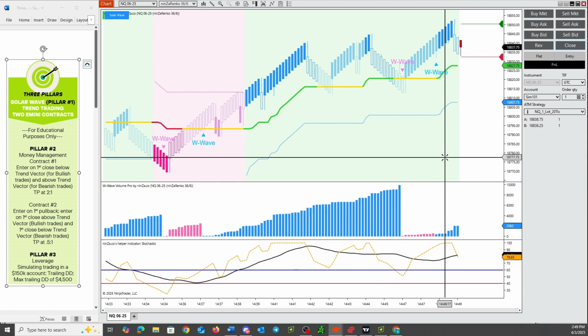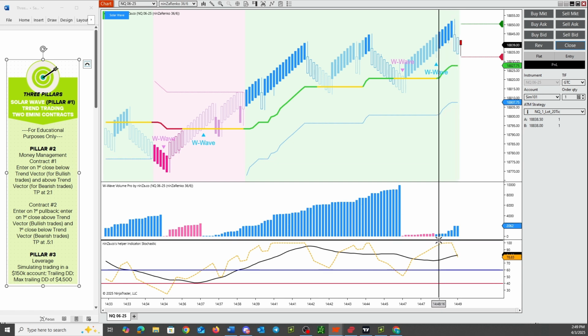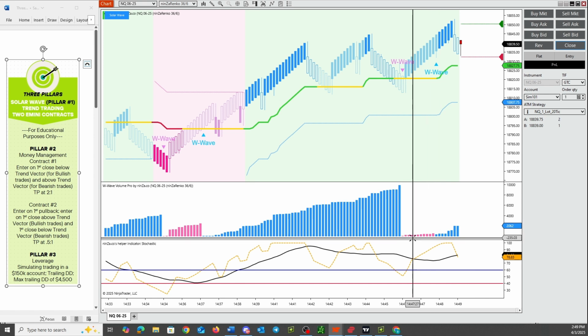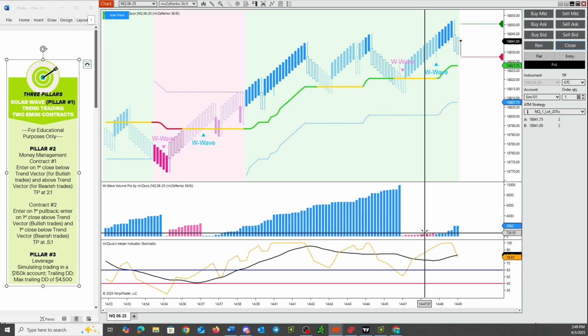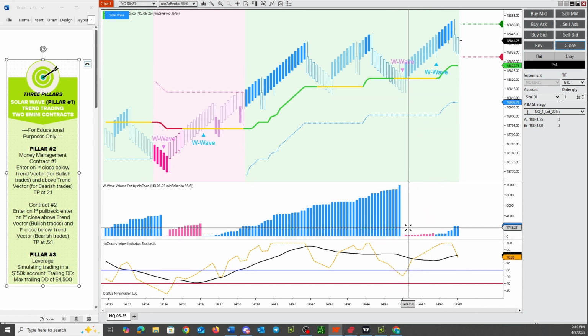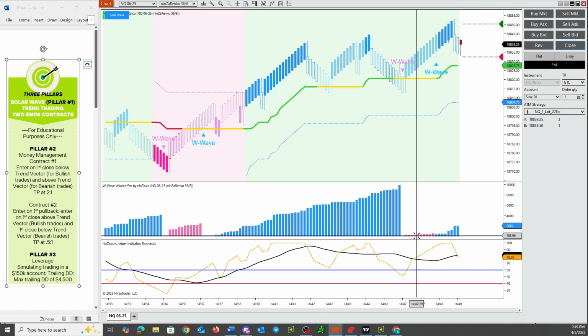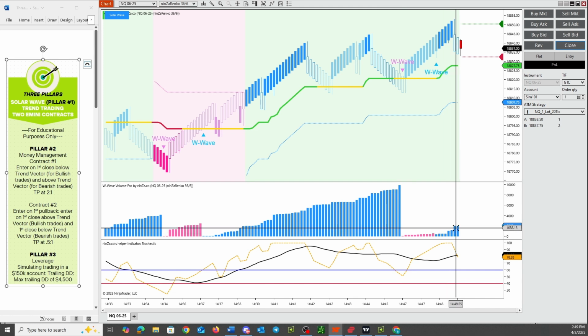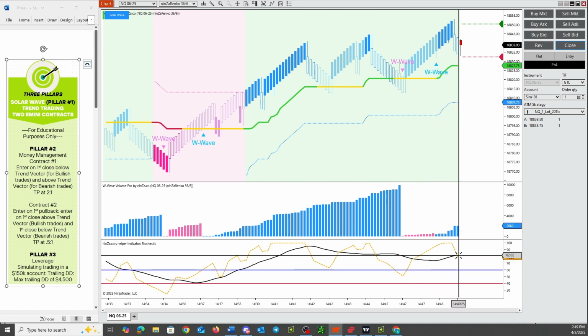Here you have more accumulation starting to take place. The accumulation is exceeding what little bit of short volume here. You see it's hardly nothing at all. Now it's starting to accumulate again. We're still well above.